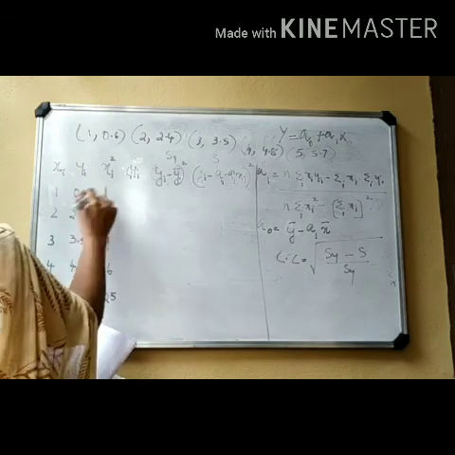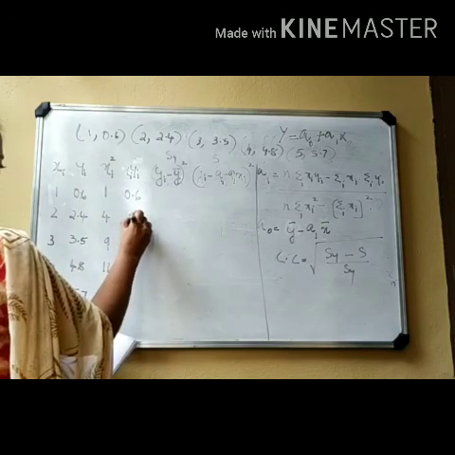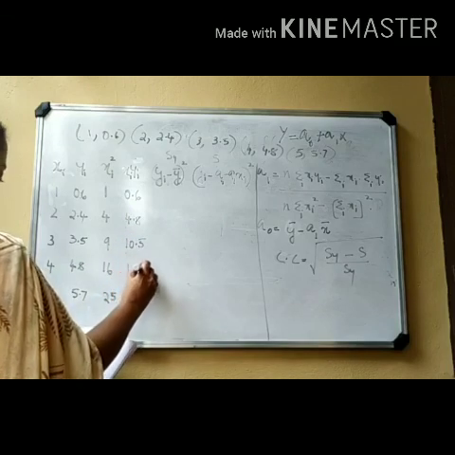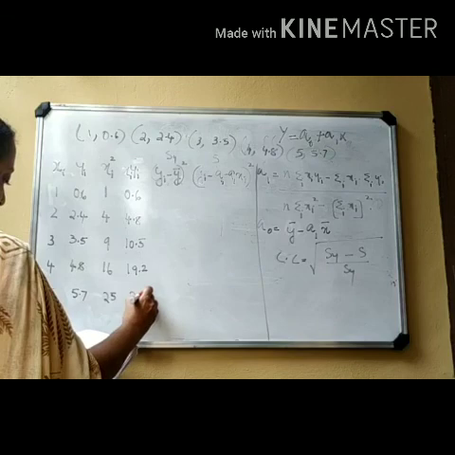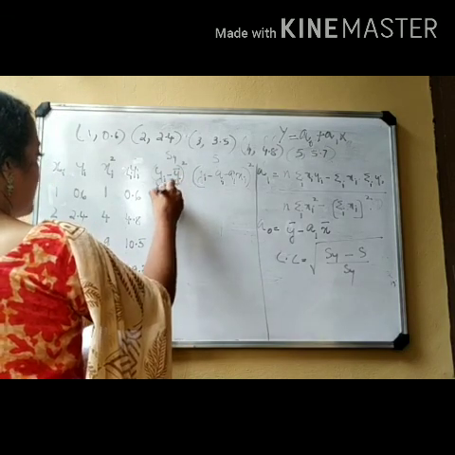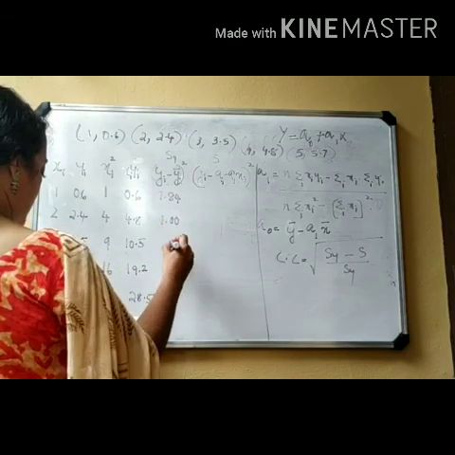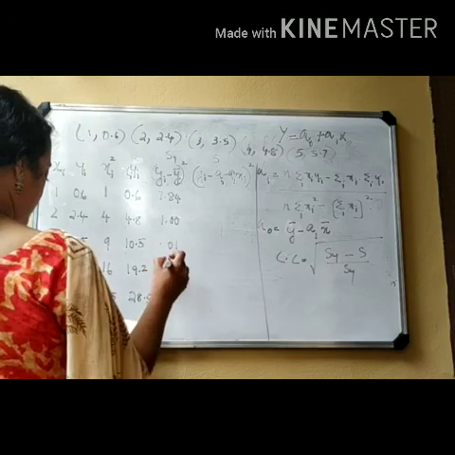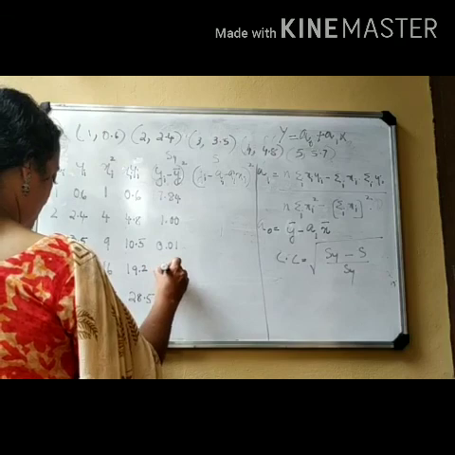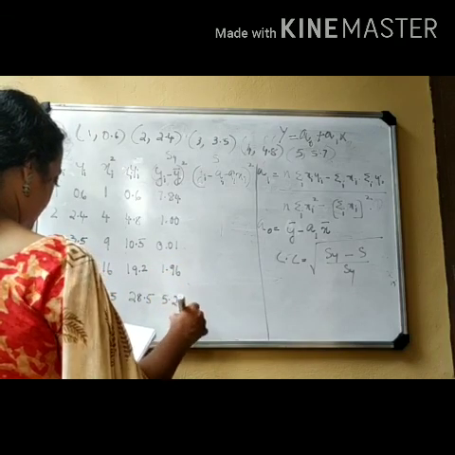Xi yi values: multiplying 1 into 0.6, then 4.8, 10.5, 19.2, 28.5. Then yi minus y bar square: 7.84, 1.01, 0.01, 1.96, 5.29.